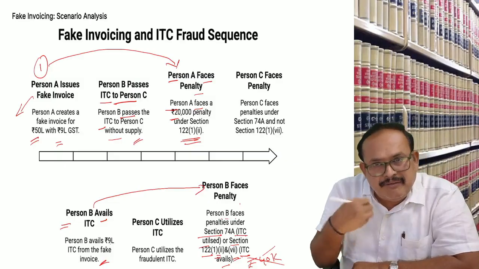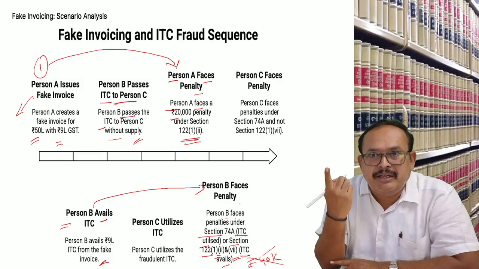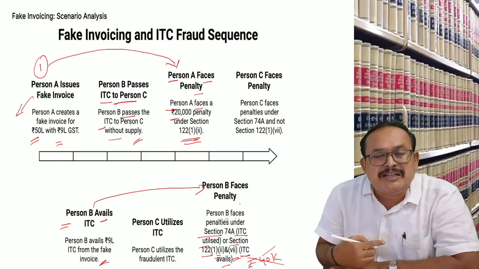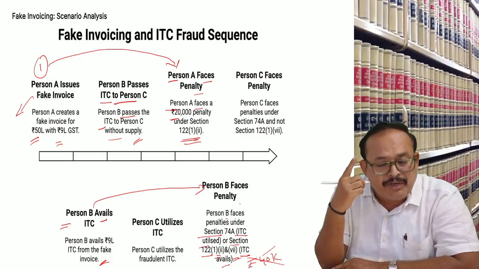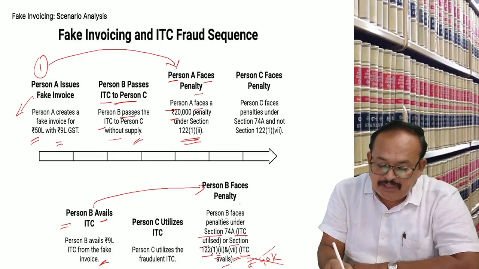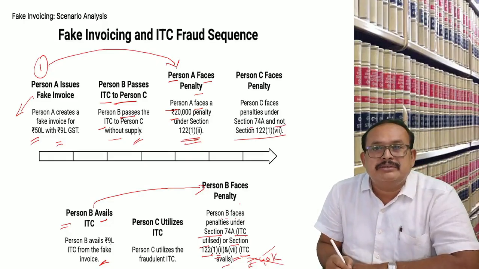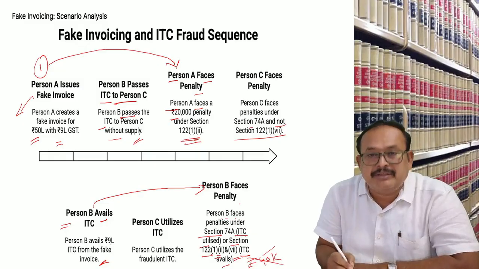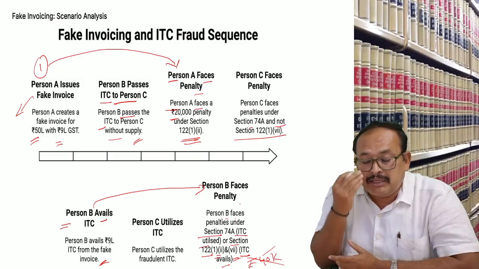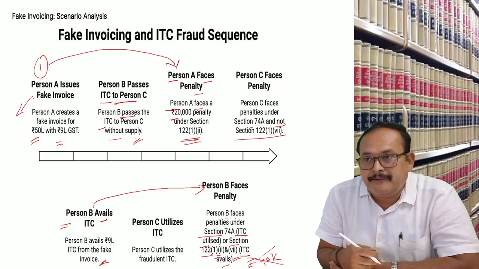C avails the ITC and utilizes ITC: 74A. For wrongly availing ITC, 122(1) clause 2. Which one will come? 74A only will come. This is the penalty for C, and not 122(1) clause 7. Wrongly availing ITC penalty won't come. Is it clear?